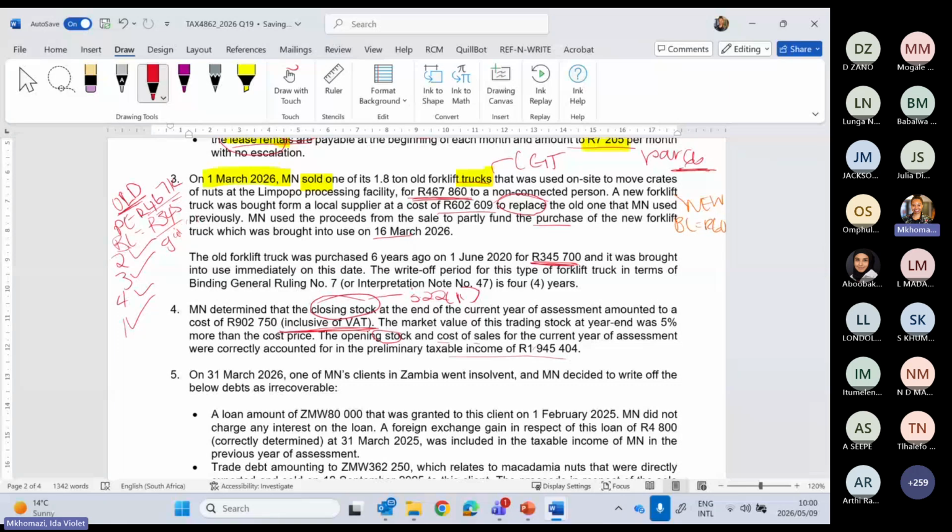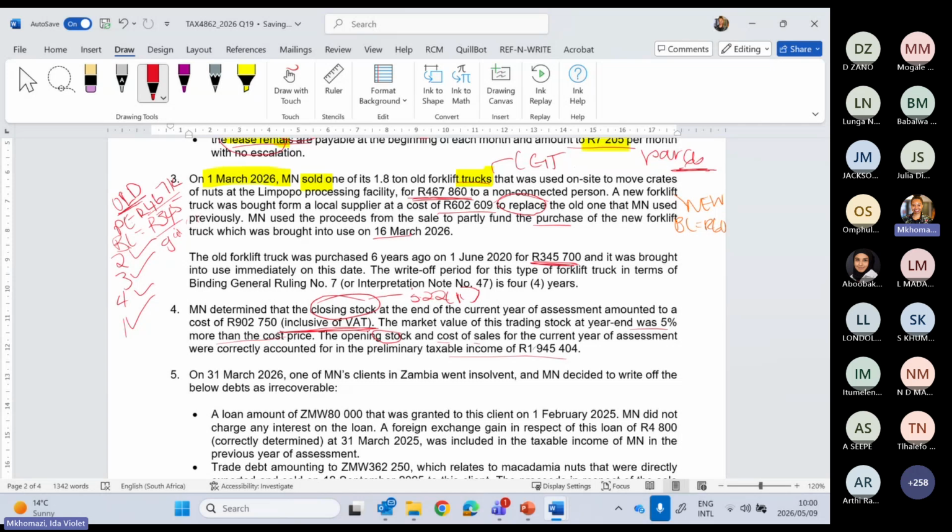At which value do you include it, right? The value for the closing stock will be the cost price, or you can use a lower value if the commissioner has approved that lower value. So for this question, you would need to choose which value to use, right? So they said that the market value is 5% more than the cost price. So I don't even need to do a calculation for that. They already told me that it's more.